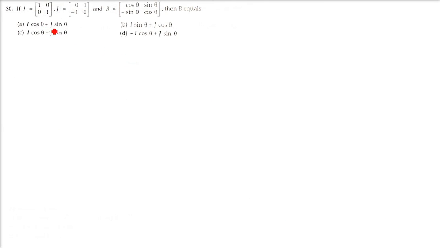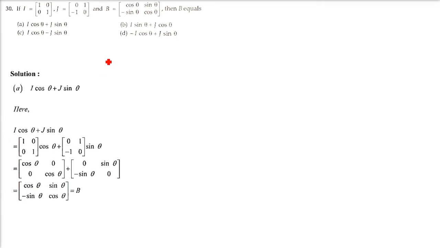Okay. I, J and B. So I and J have to be placed in all of these options, and then you see when B is coming. You have to start with option A. Put I as 1 0 0 1, J as 0 1 minus 1 0 in the first equation here.